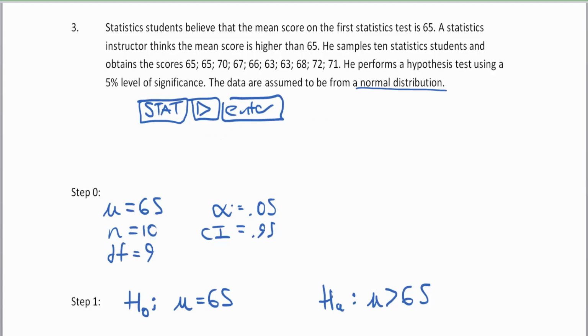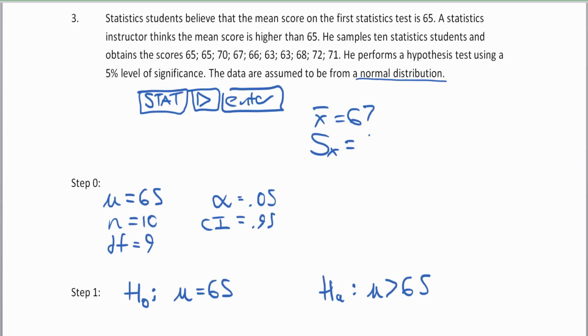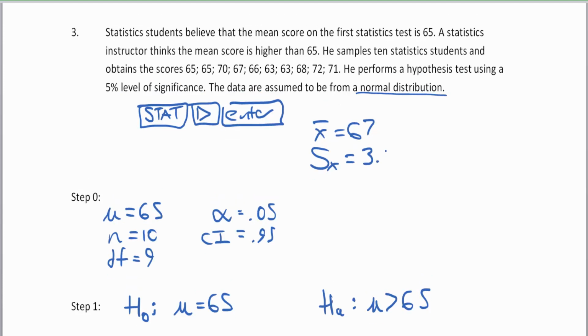So I now have my x bar, which I can use in step 0, as my sample average, and my sample standard deviation. And my sample standard deviation, I'm going to use a lot of decimals here. Let's go, 3.1972, on and on and on.